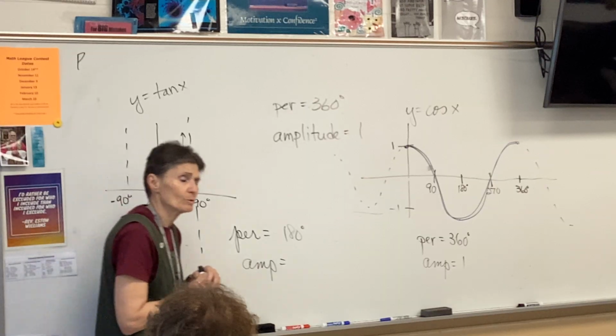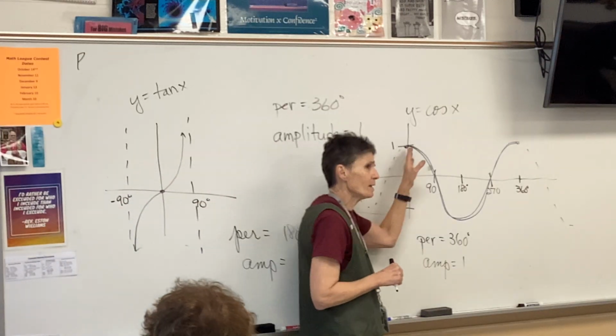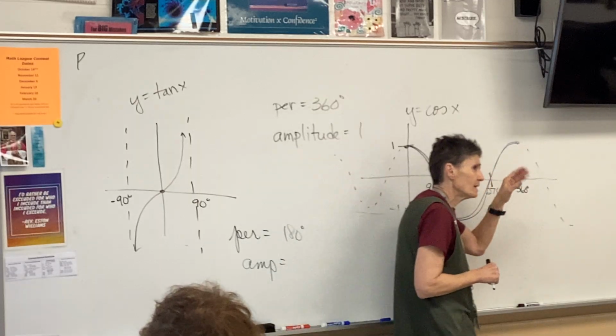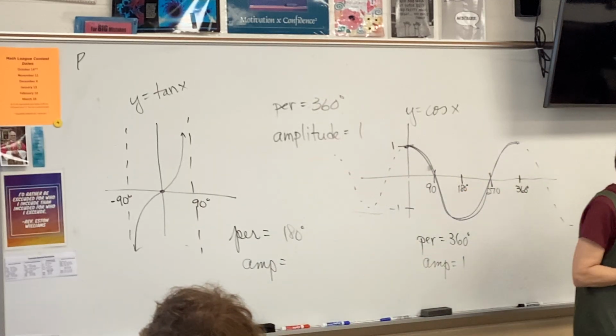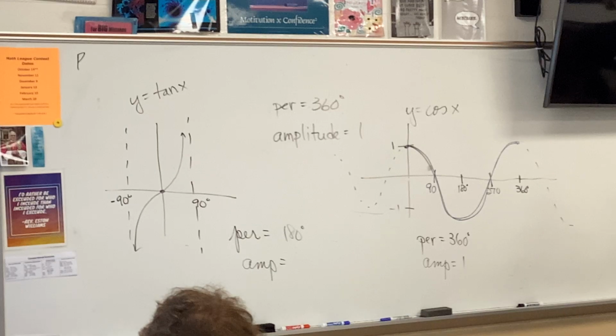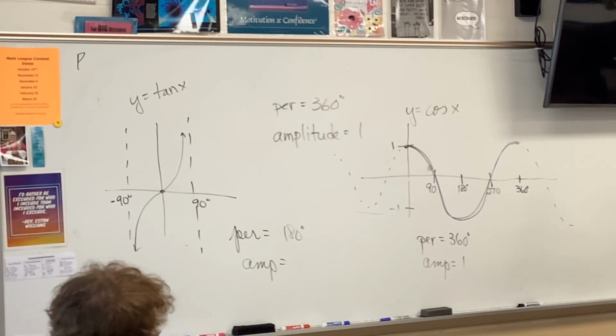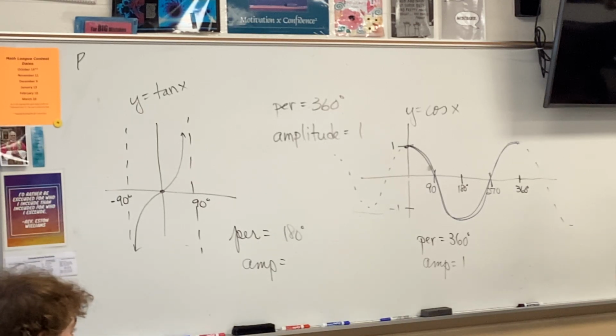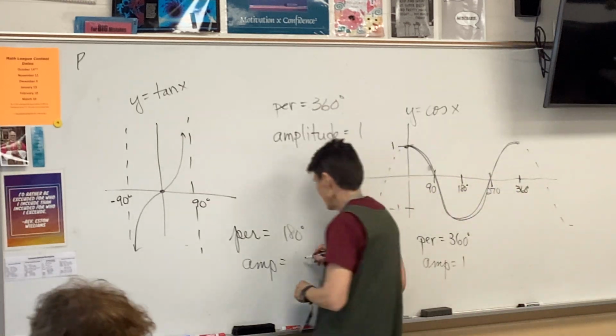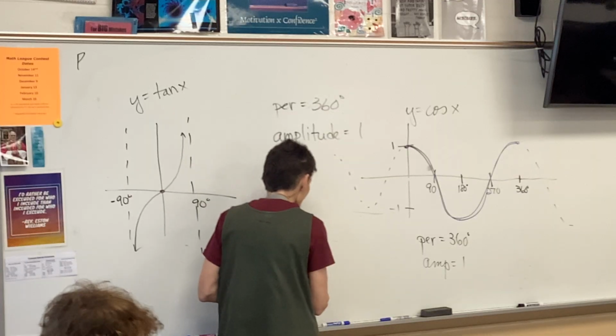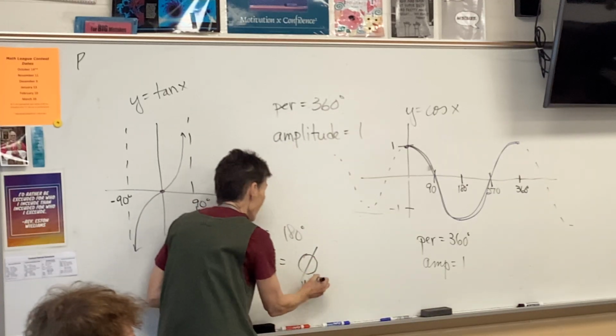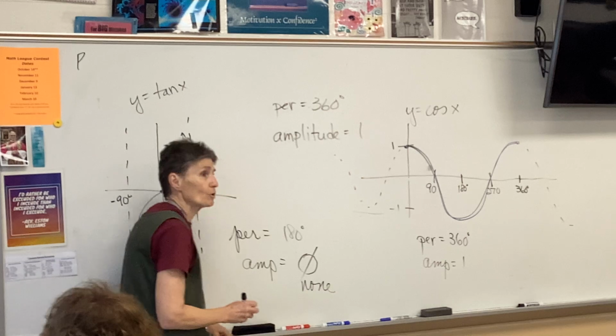How about amplitude? What did we say amplitude was? The height of the hill? Well, first of all, there's no hills in this thing. But second of all, is there even a height? No, why not? Because there's arrows, right? So is that defined? It's undefined. We usually just say empty set or write the word none, but I wouldn't argue with undefined.